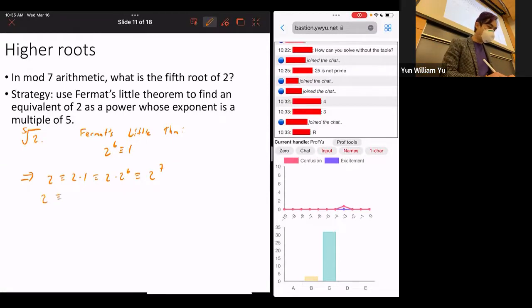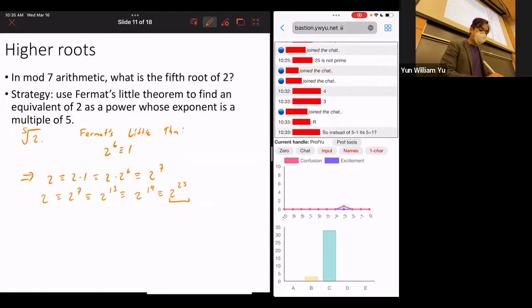So we have 2 is congruent to 2 to the 7, which is congruent to 2 to the 13, which is congruent to 2 to the 19, which is congruent to 2 to the 25. Right, so all of these are true by Fermat's little theorem in mod 7 arithmetic. But you'll notice that here we have a power that's divisible by 5. So each time here we're adding 6 instead of subtracting 6.